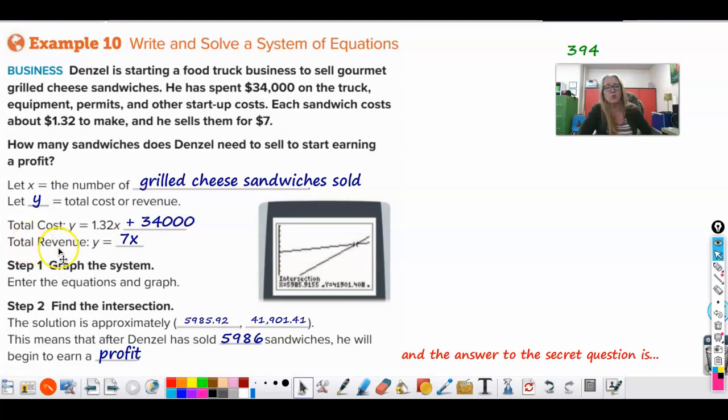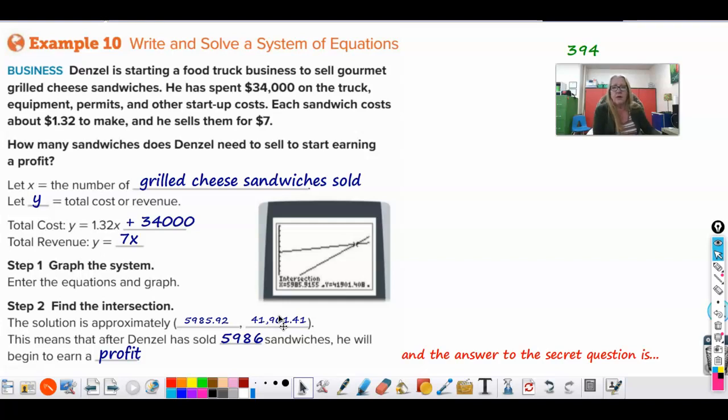You also have a total revenue. This revenue is like the money he's making, okay? And your revenue equation, the money he makes is equal to $7 times the number of sandwiches he sells. So this is where you get the two equations, okay? Then you would go over to Desmos and you would graph the two equations and you would find the point of intersection, okay? The point of intersection is right here, all right?